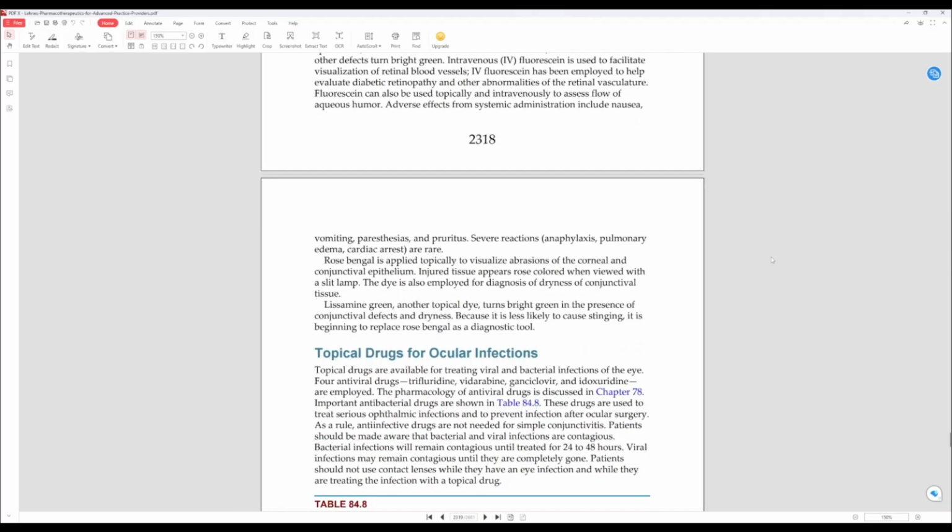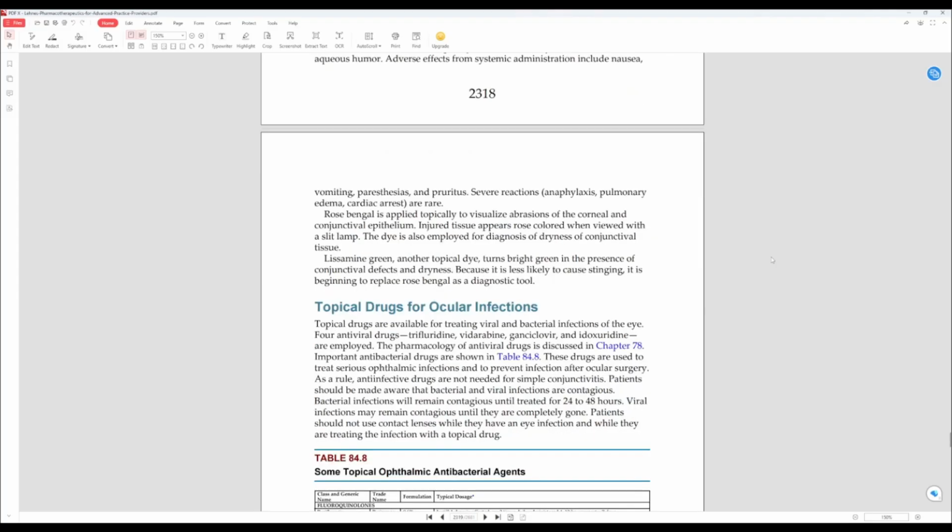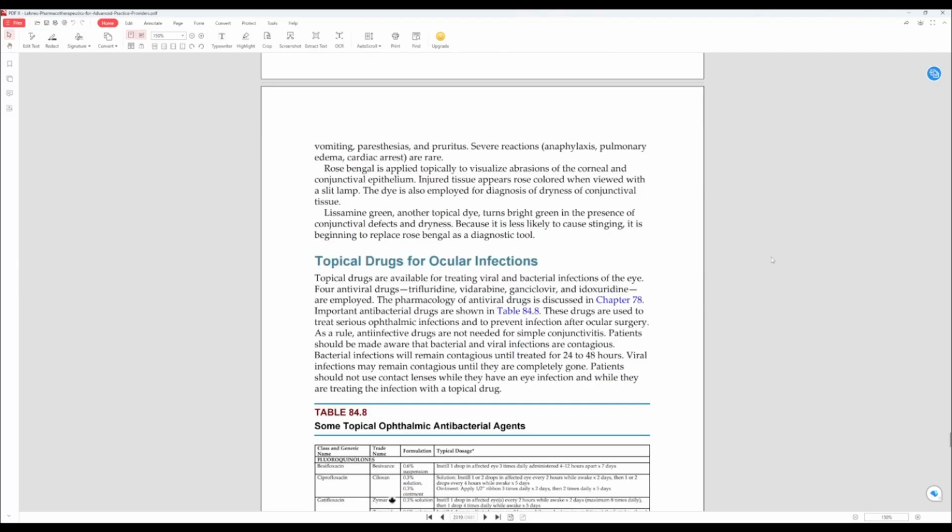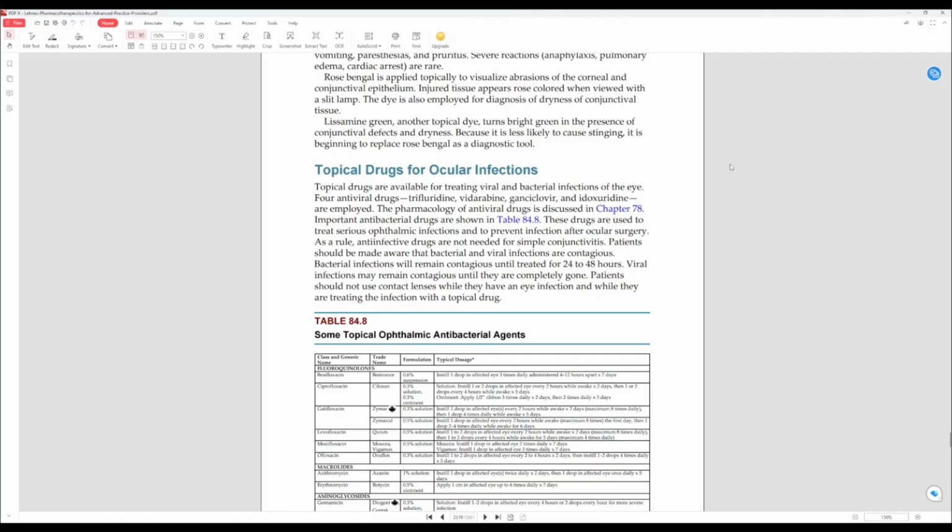Injured tissue appears rose-colored when viewed with a slit lamp. The dye is also employed for the diagnosis of dryness of conjunctival tissue. Lissamine green, another topical dye, turns bright green in the presence of conjunctival defects and dryness. Because it is less likely to cause stinging, it is beginning to replace rose bengal as a diagnostic tool.